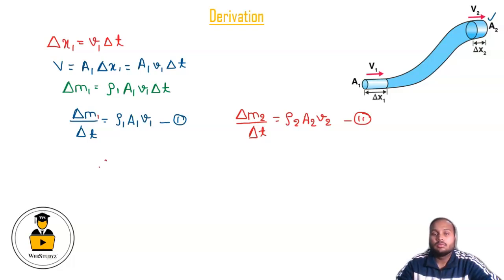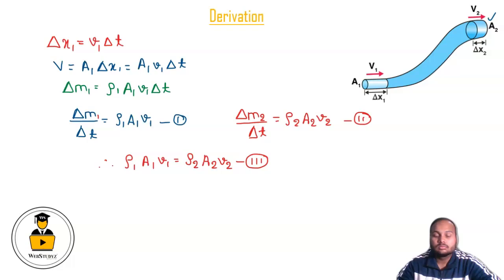So we can write rho 1 a1 v1 is equal to rho 2 a2 v2, and let me name it as equation 3.